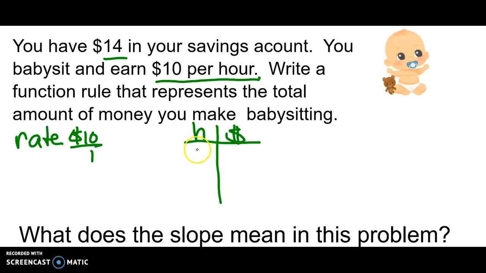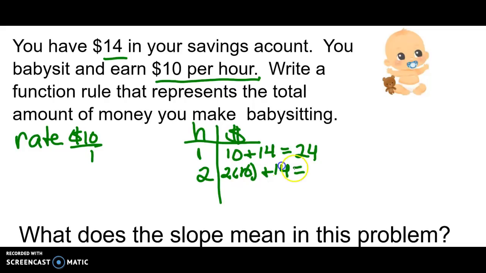So if you babysit 1 hour, that's $10 plus the $14 you have in your account. So that's $24. And if you babysit 2 hours, that's 2 times 10 plus the $14 you have in your account. So that's $34.